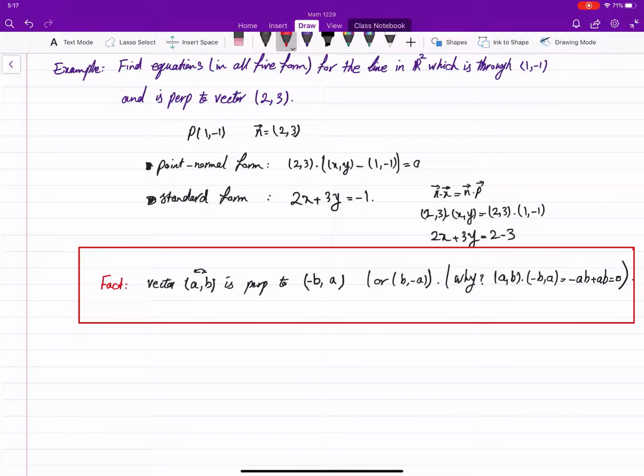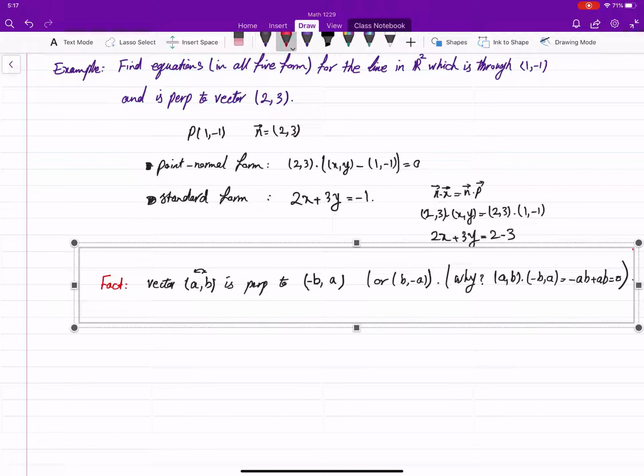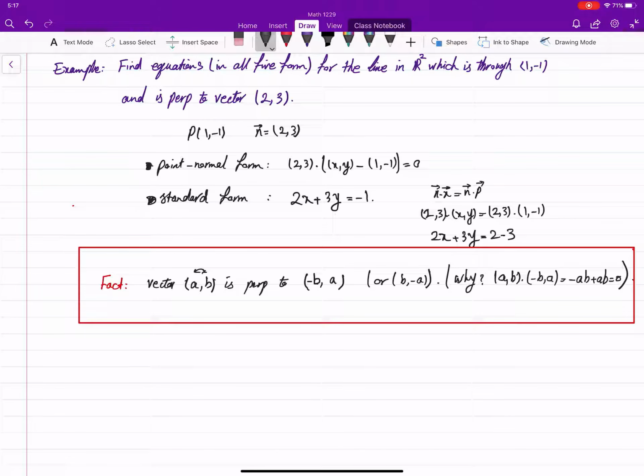We know that (2, 3) is perpendicular to the line. This is n. And we also know that v is parallel to the line, the parallel vector.